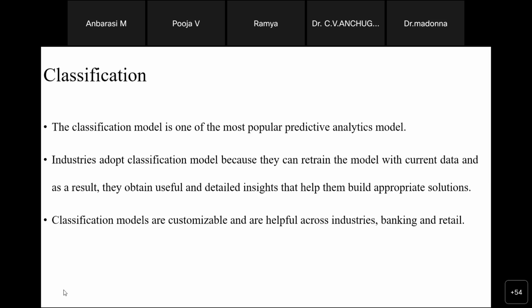Based on the years of experience in teaching, we can predict the salary details. Mostly in prediction we have numerical data, but in classification the class label must be there, categorical data. That is the slight difference between classification and prediction.